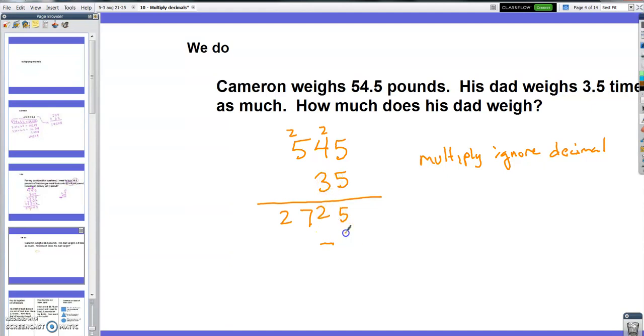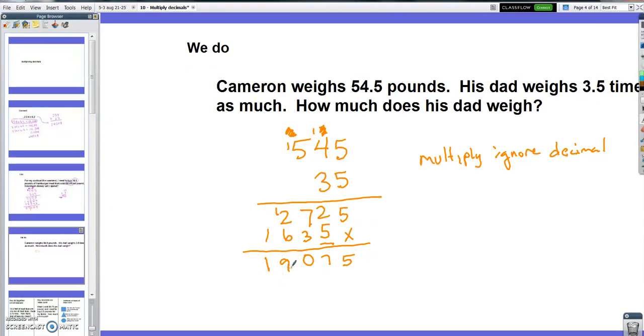Start under the 3. Nothing goes here. I use that. I use that. 3 times 5 is 15. 3 times 4 is 12, 13. 3 times 5 is 15, 16. Add them up. 5, 7, 10, 9.